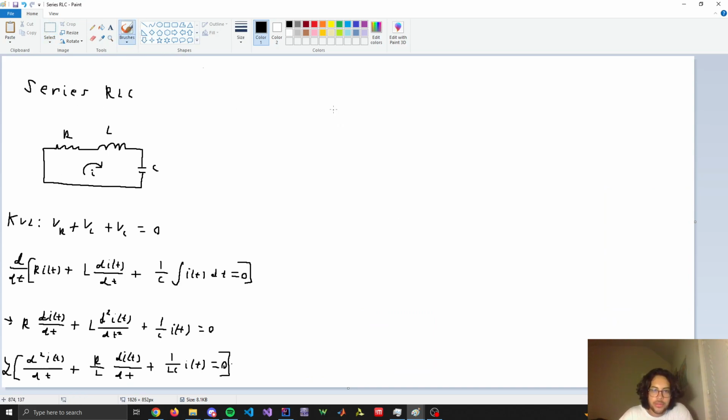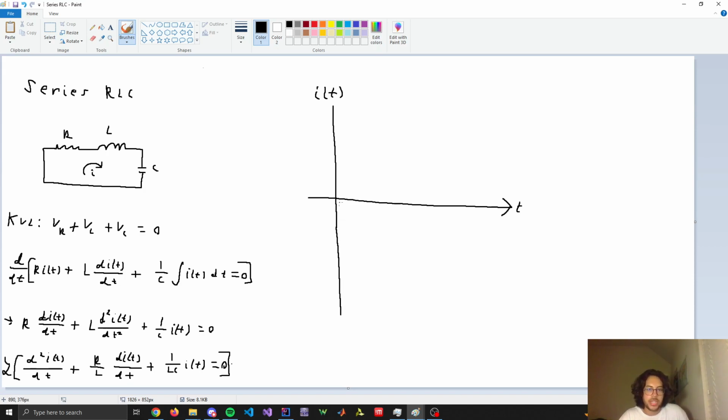So on a graph, say we just have one graph. Remember, we have I as a function of time, and it's under natural response. So say it's steady state, or I of infinity is going to be 0 for all 3 cases. So the first case, I'll do the overdamped case, which is going to be something like this.